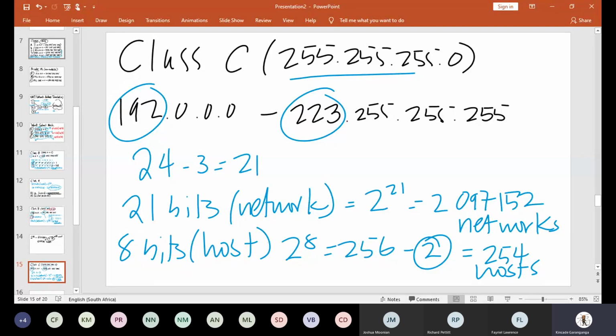I think one of the other things that you might also want to look at is, remember, this is when you're dealing with classes. If I'm looking at a Class A address, I'm going to go with a Class A default subnet mask. That would then enable me to identify which portion of that address is the network, and which portion is the actual host or device in my environment.